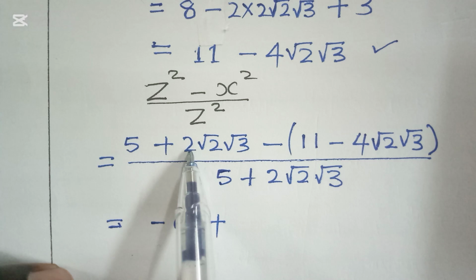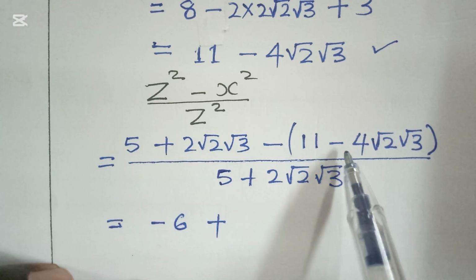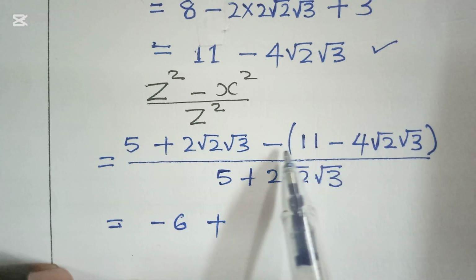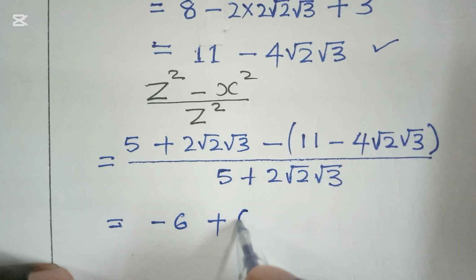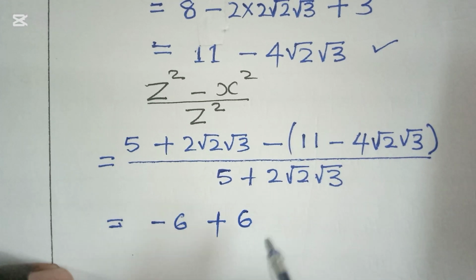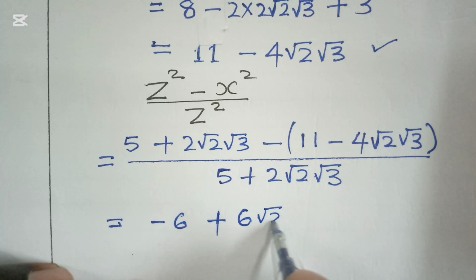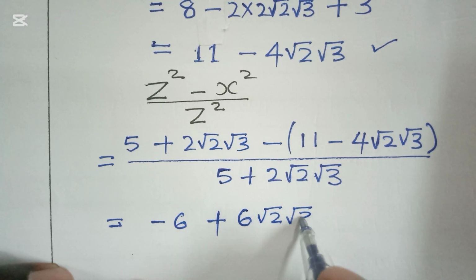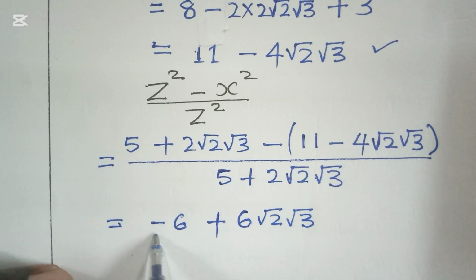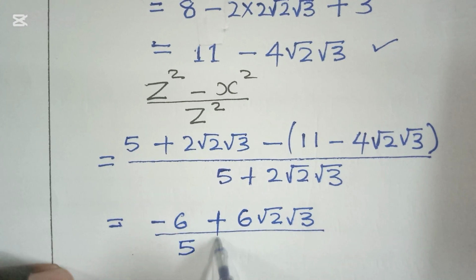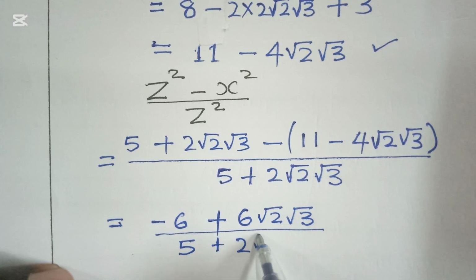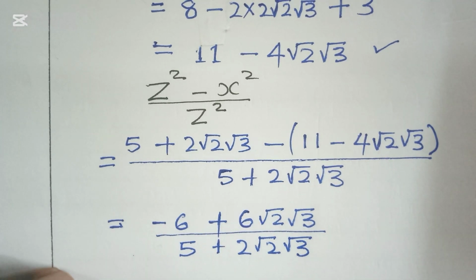So it's like having 2x minus, not minus, but plus 4x. That gives us 6x, and now our x is square root of 2, square root of 3. That one all over 5 plus 2 square root of 2 square root of 3. Guys, now this is what we have.